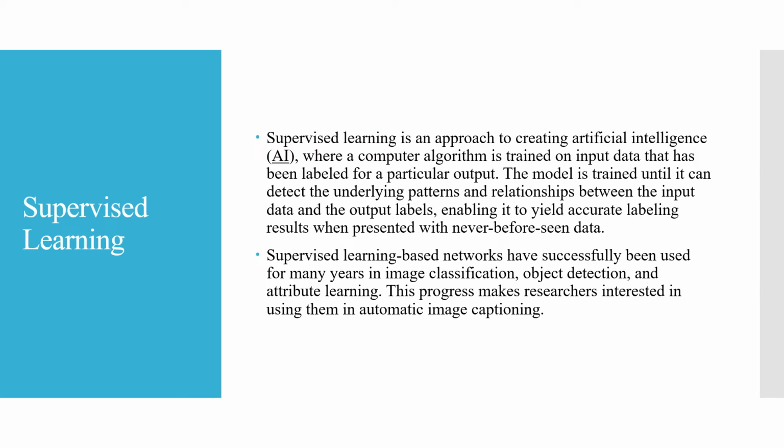Supervised learning based networks have successfully been used for many years in image classification, object detection, and attribute learning. This progress makes researchers interested in using them in automatic image captioning.